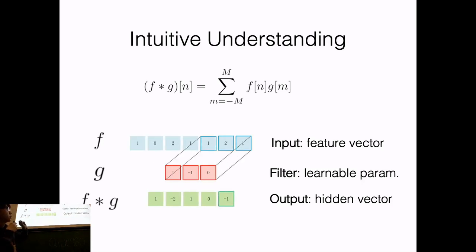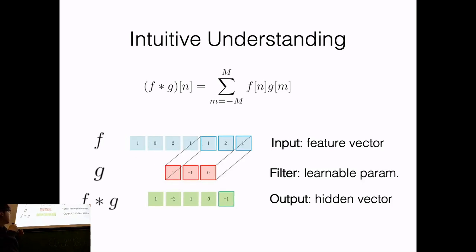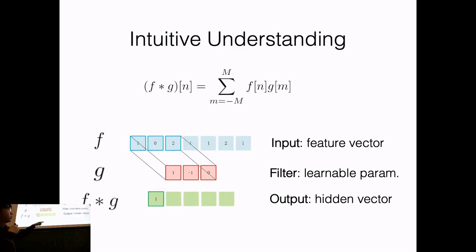We also call it the kernel. The parameters of the filter should be learned. That is the convolutional parameters. And the result is usually regarded as the output or the hidden data.